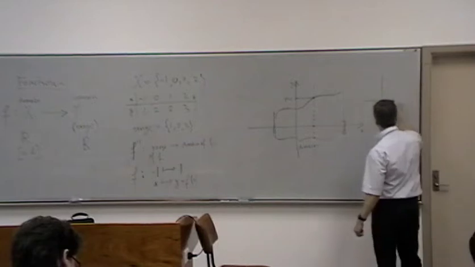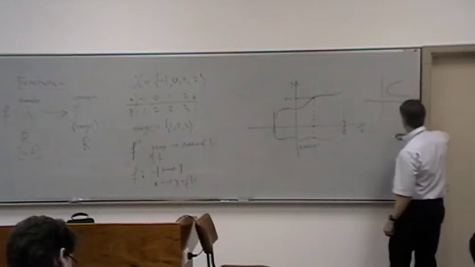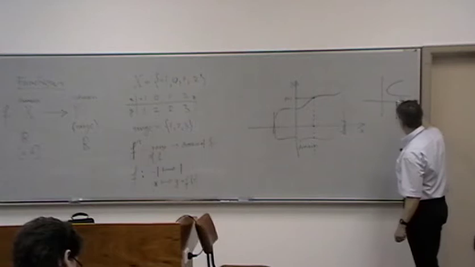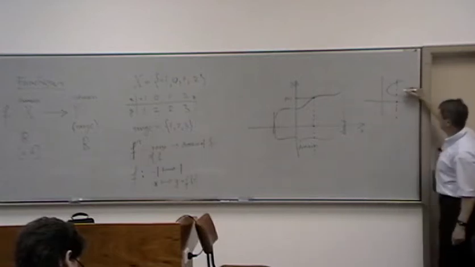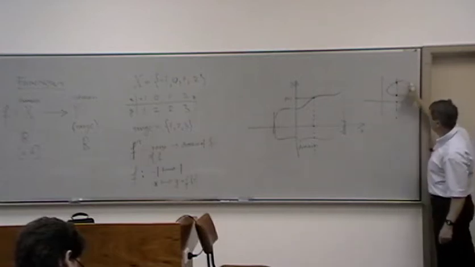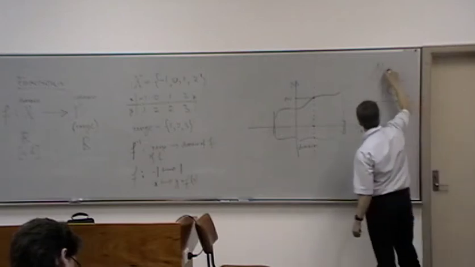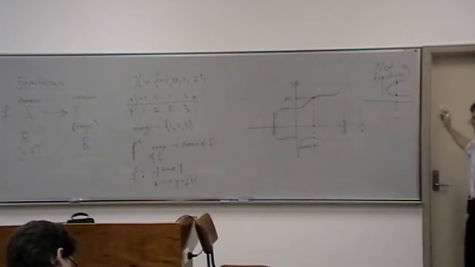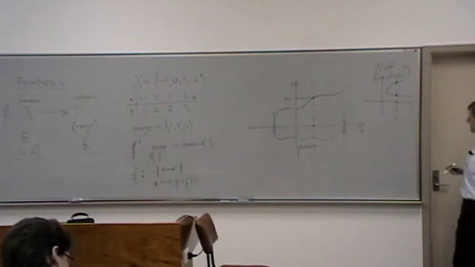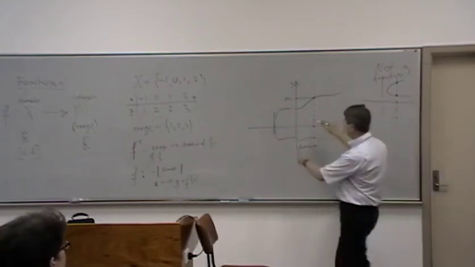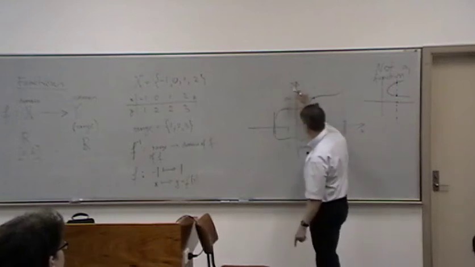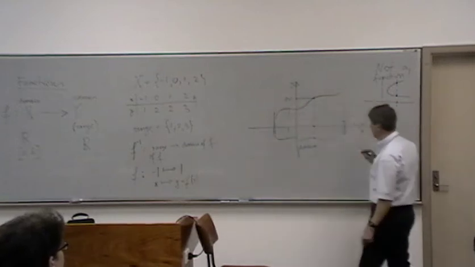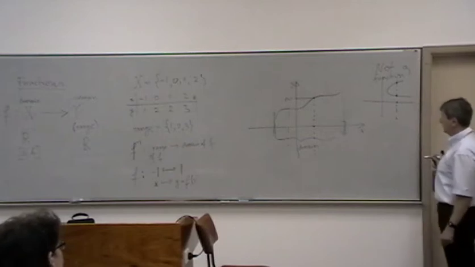So for instance, if you had a curve like this, then doing the vertical line test, we hit the curve twice, so this is not a function. The vertical line test of such a curve shows you that it is not a function. Here it is a function because no matter where we do the vertical line test, we hit the curve only once.